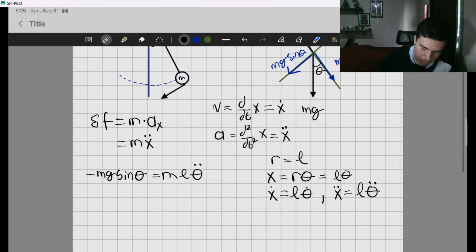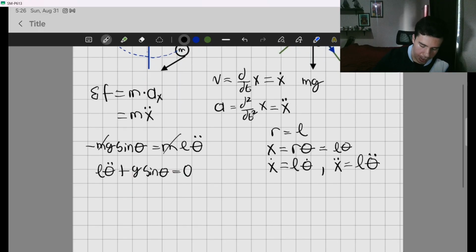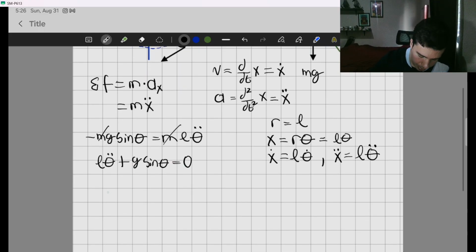Okay, so since the mass is not zero, we can eliminate it from the equation, and rearranging some terms, we have L theta double dot plus g sine theta will be equal to 0, and leaving alone this term will be theta double dot plus g over L sine theta will be equal to 0.